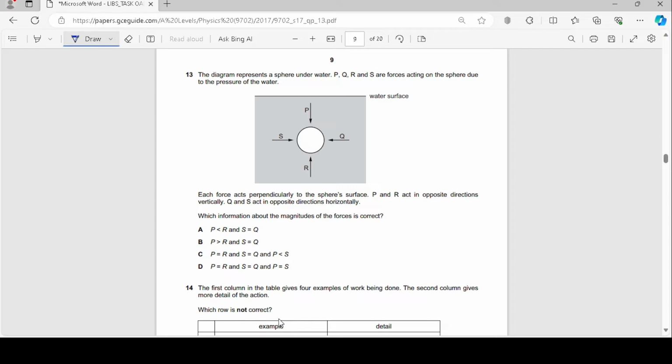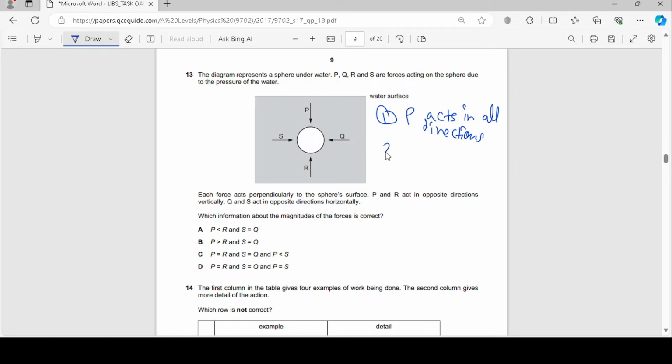So there is something you should know about pressure. Actually, perhaps two things. The first is that pressure acts in all directions. Pressure is acting in all directions on this sphere, but they've only shown 4 arrows.